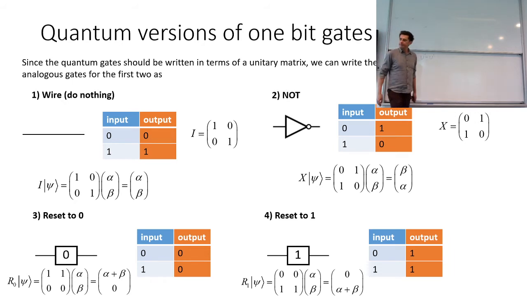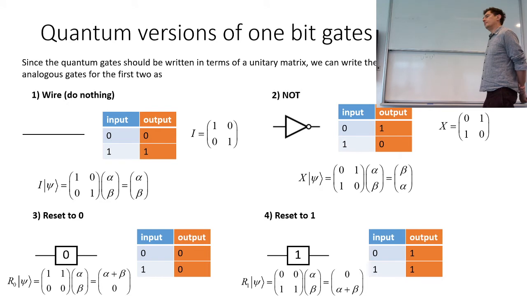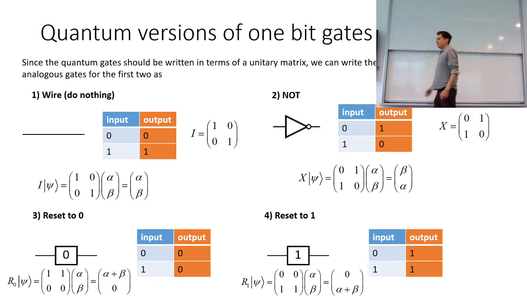So does this mean that a quantum computer cannot, like a classical computer, sometimes the circuit cannot be reversed? Yes, exactly. So a quantum circuit, generally, you do need to write it so that it's actually reversible.